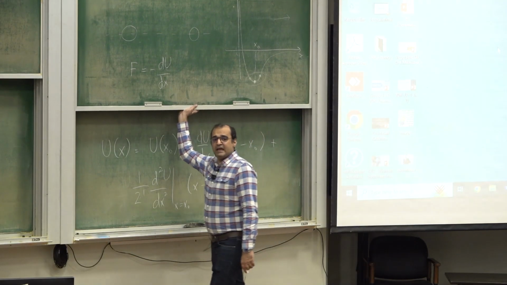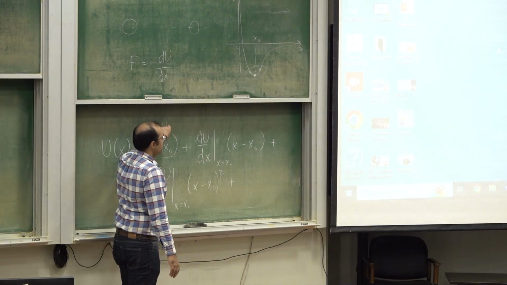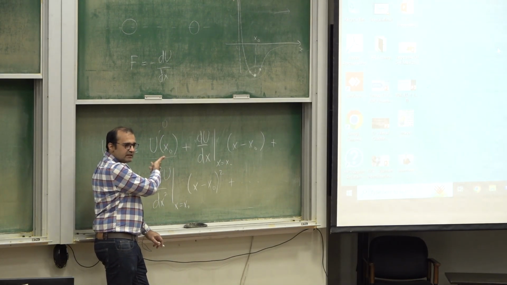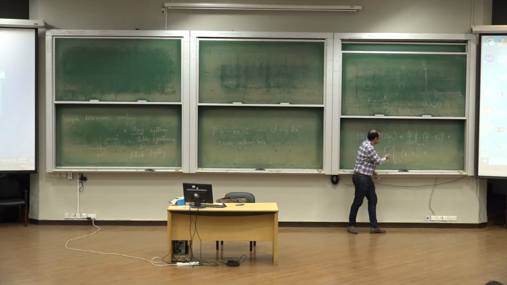Now again for convenience I can set this thing to be equal to 0. Why? Because for any potential energy this is just a number. You can add any constant to the potential energy function, and that doesn't change anything physically. So we might as well just add 0.